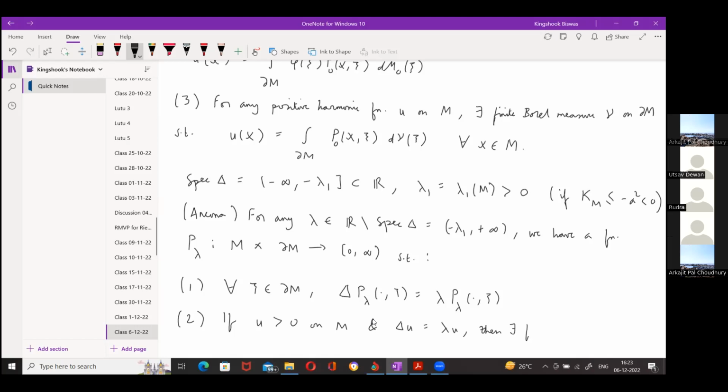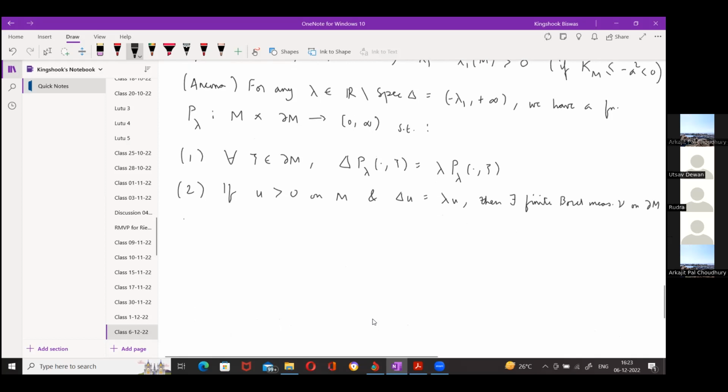There exists a finite Borel measure nu on boundary M, the visual boundary, the same boundary, such that U of x is the integral over boundary M of P lambda of x, xi, d nu of xi, for all x.